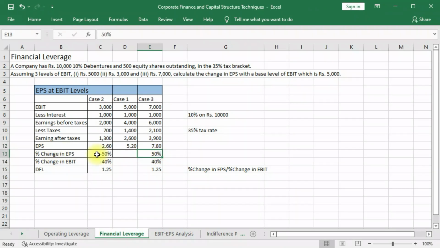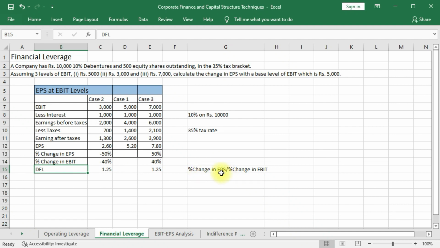That is the change in EPS. What is the change in EBIT? Considering case 1 as the base, the change in EBIT from 5,000 to 3,000 is minus 40%. And for case 3, from 5,000 to 7,000, it is plus 40%.